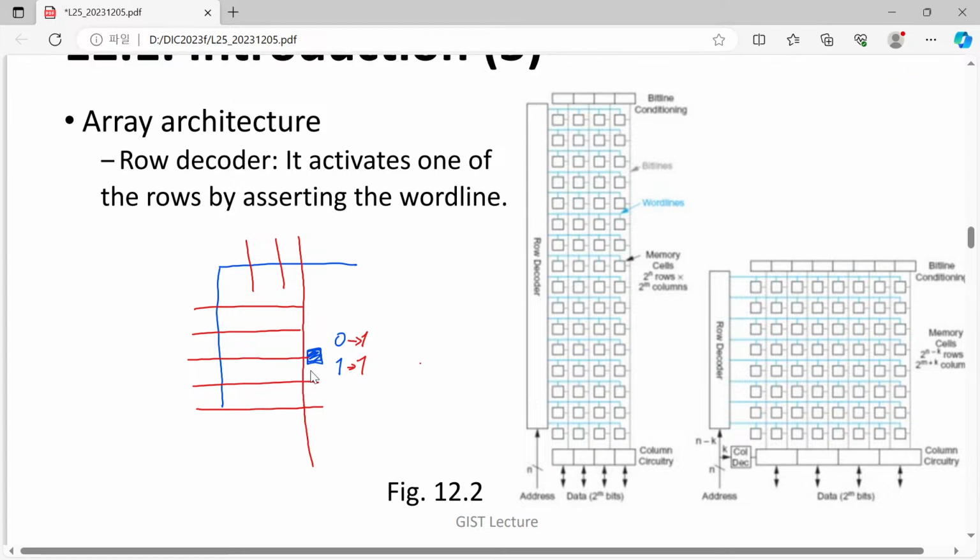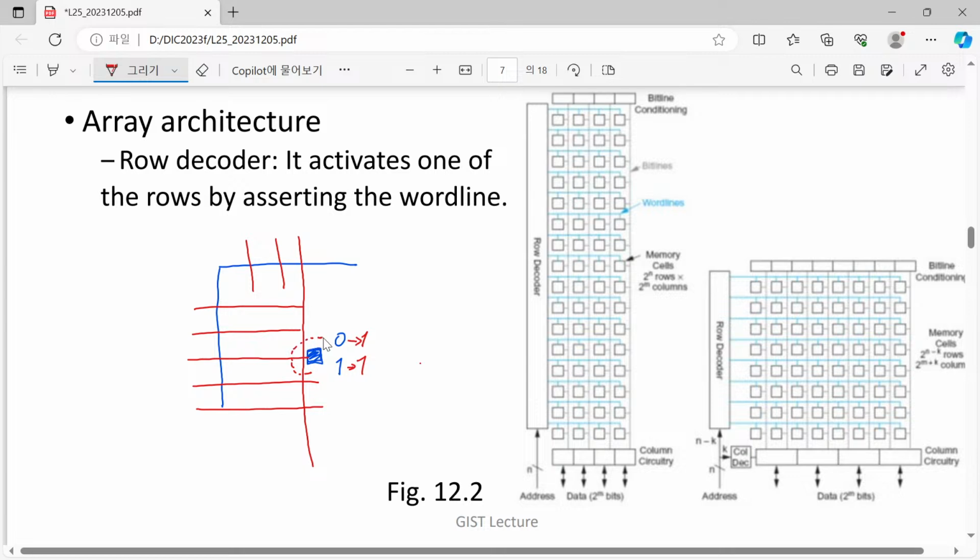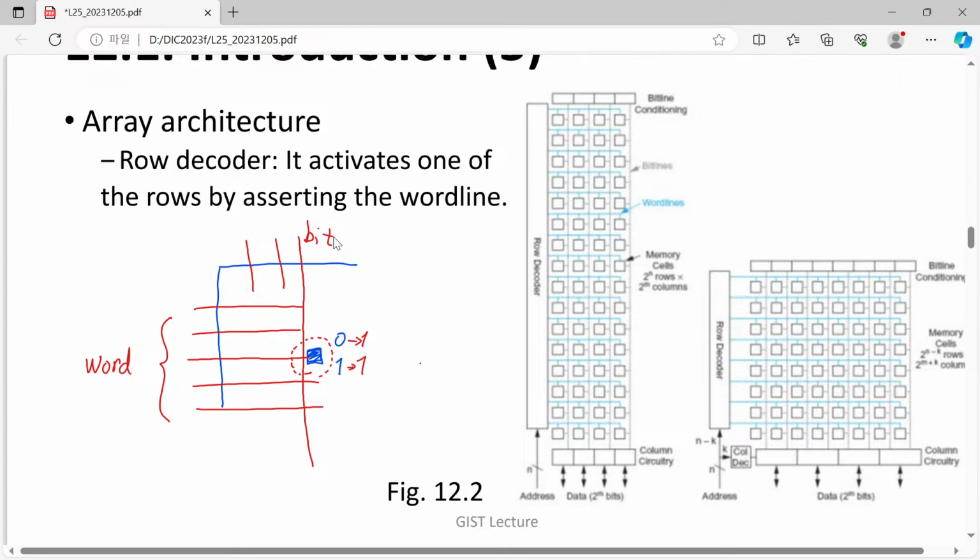So for this one, we have two lines running horizontally and vertically, and these lines are called word lines, and these lines are called bit lines. The combination of this word line and bit line will uniquely specify the position you want to access.